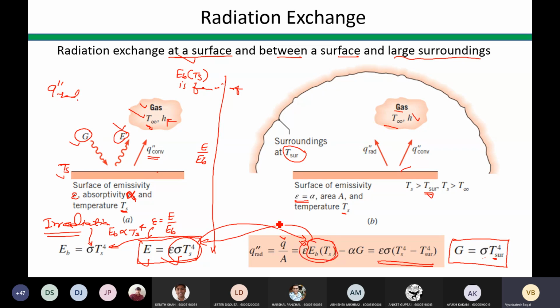So this whole term is nothing but capital E. I hope it is clear to you now. Now just substitute for G and for EB from here, and you will get the formula that the radiation heat flux q double dot radiation is equal to epsilon sigma times Ts raised to 4 minus T surrounding raised to 4.